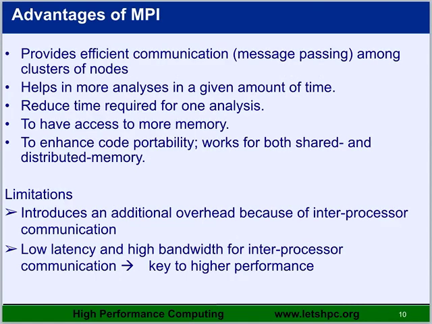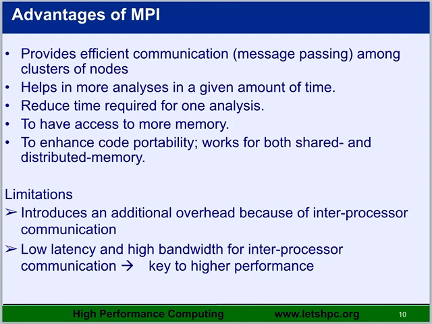Let us quickly summarize the advantages of MPI. It provides efficient communication among a cluster of nodes, and helps in more analysis in a given amount of time, because you can have as many processors as possible in a given distributed system. It reduces the time required for one analysis.